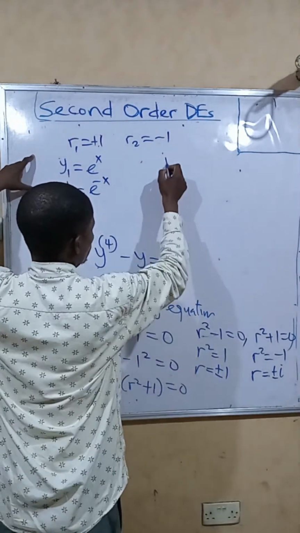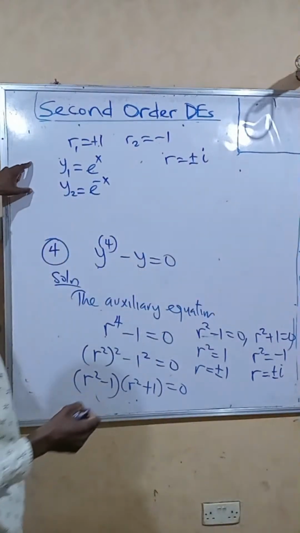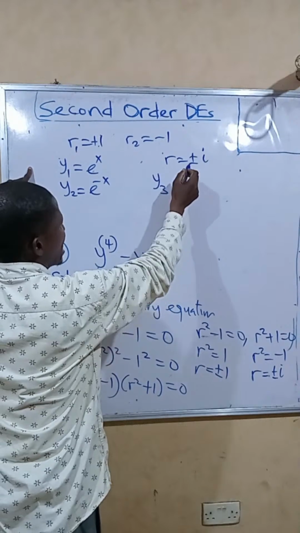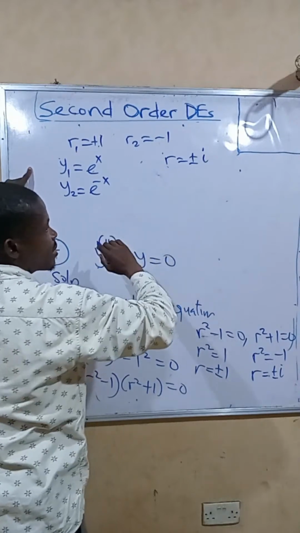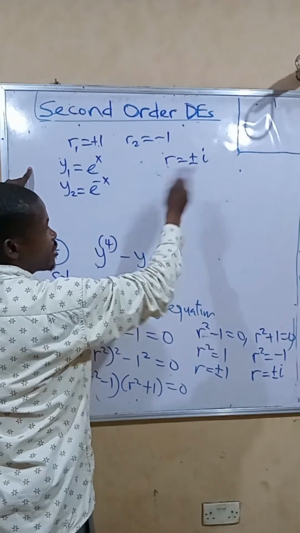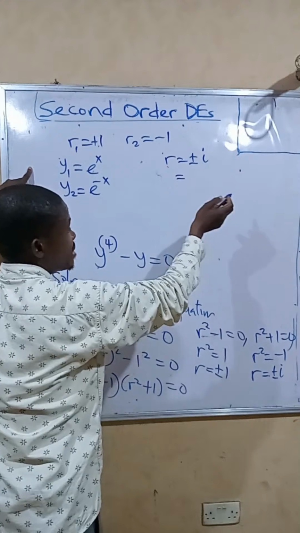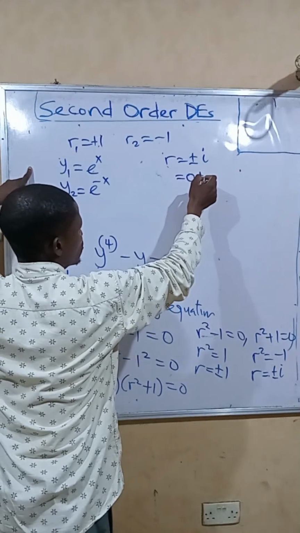This one, r equal to plus or minus i, which means y3 is equal to what? We can write the equation for the complex number. It has no real part. The real part is 0, plus or minus i.